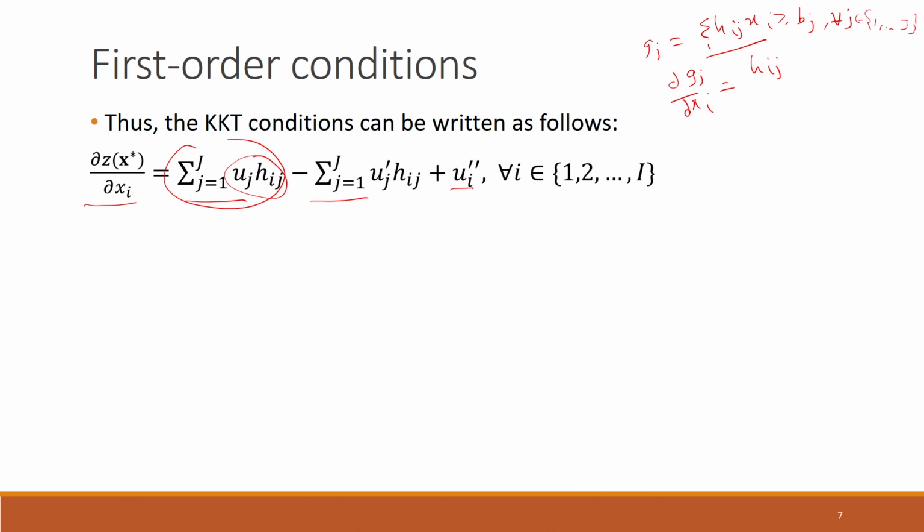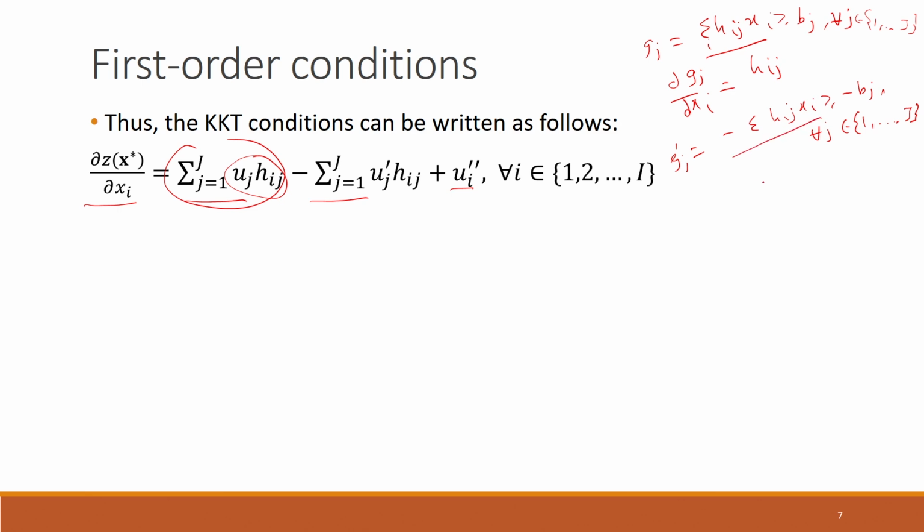Okay. Now we also have another set of constraints: minus summation hij xi greater than equal to minus bj, again for all j in 1 till capital J. Okay, so this is another g dash j function, which is equal to minus summation hij xi.